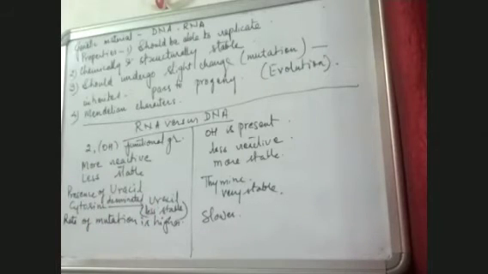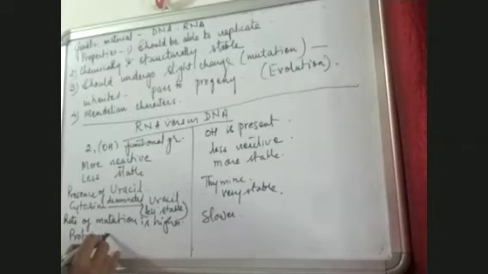Now there is one thing on which DNA is dependent on RNA. What is that thing? That is protein synthesis. In the process of protein synthesis, what happens?